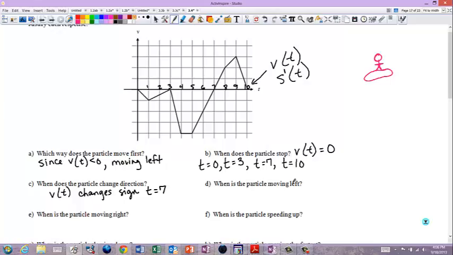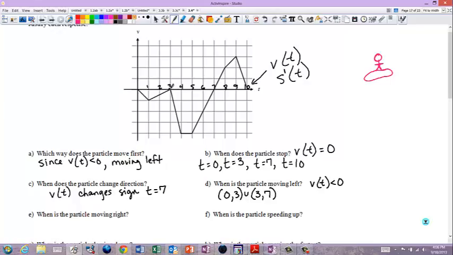When is the particle moving to the left? Well, the particle is moving to the left when the velocity is less than 0. Or, again, remember that what we're looking at is when it's below the x-axis. So it's below the x-axis from 0 all the way to 7, but at 3 it's actually 0. So from 0 to 3 and from 3 to 7, it's below the x-axis.